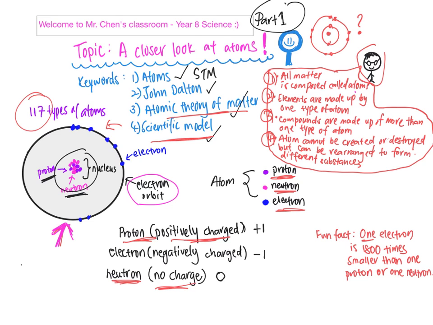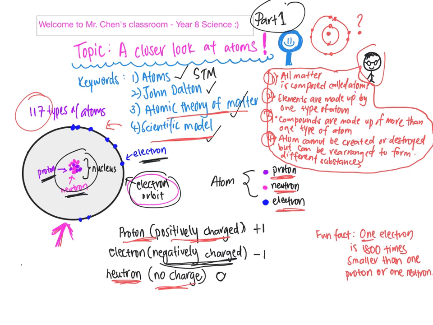So those two are the ones that make up your nucleus. However, what's on the outside of that nucleus are the electron orbits, and on your electron orbits there are lots of electrons circling around like a cloud. Electrons are negatively charged.